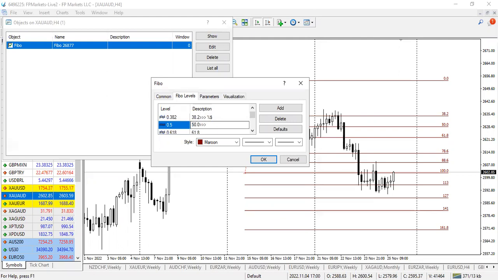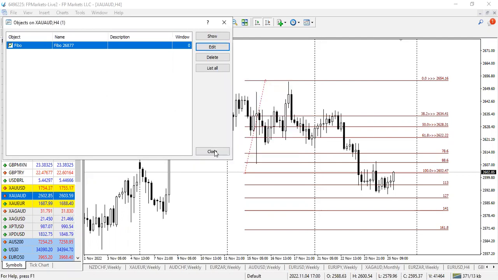I put percentage and dollar. Please note, it is the percentage and dollar that is important, not the greater than sign. The greater than sign is just to create space between the price value and the identifier. Let me click OK, and let's see what I'm talking about. You see that?